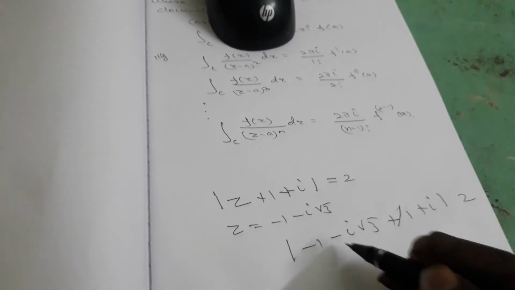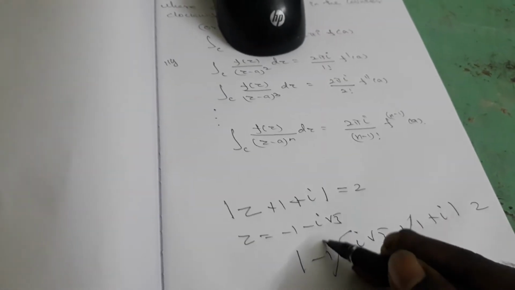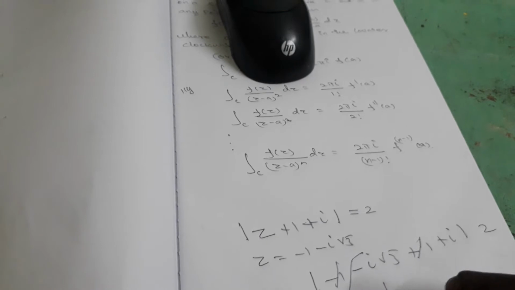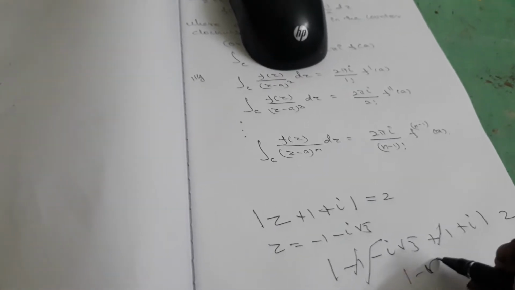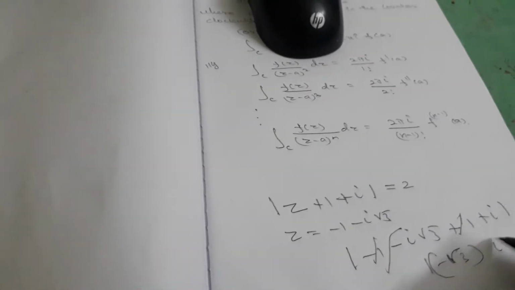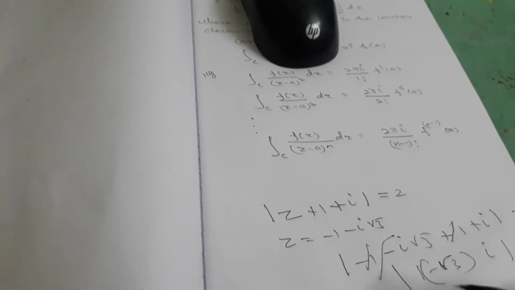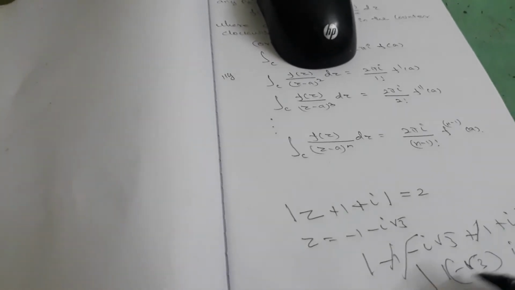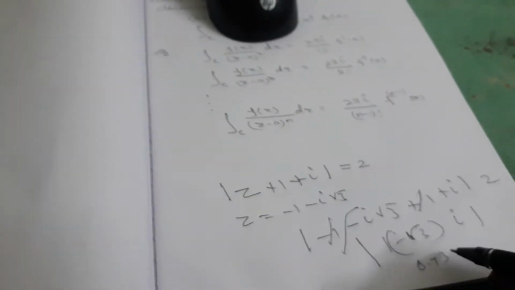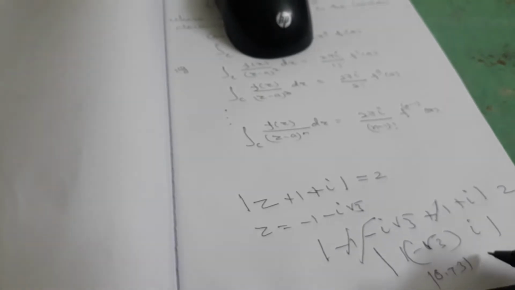So plus 1 minus 1 cancel. Finally I have (1 minus root 3) into i. So 1 minus root 3, what do you get? Modulus is 0.73, which is lesser than 2, so it lies inside. The other point lies outside.